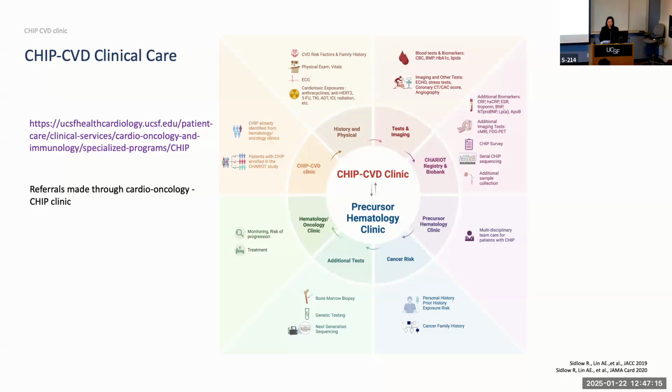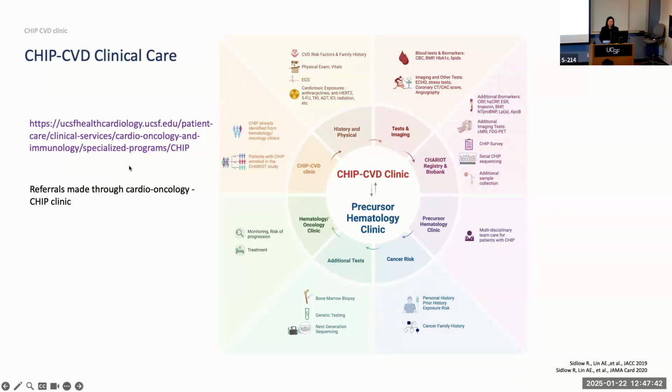Part of our research efforts also include looking at understanding what patients' perspectives are on CHIP and getting their understanding of what CHIP sequencing means and potential targeted therapies. And so currently, we're having more of a referral from the hem-onc clinics to our CHIP cardiovascular clinics, but in future, it'll be a reciprocal referral process between these two clinics as well.